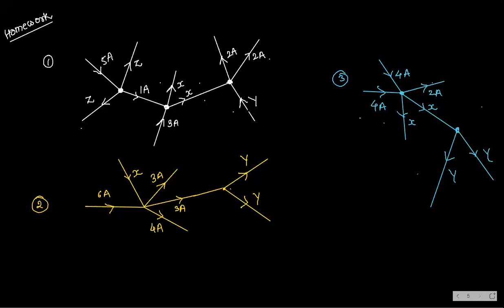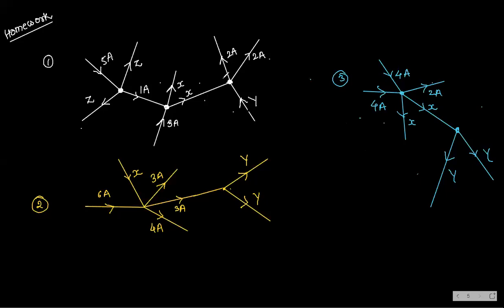So you have to find X, Y, and Z. Sir, near X, is that 3 ampere or 9 ampere? In which problem? The first one. The first one is 3 ampere here.